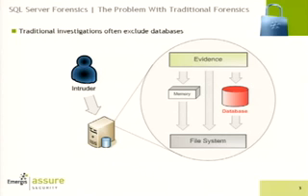So with typical forensic investigations, in a lot of cases you're going to do your dirty word list searches on memory, on the file system, or review the system event logs and the SQL Server error logs. But there's very little focus today on the actual database files, which are highlighted in red. That means the actual data files and the transaction logs within the actual database server. These files contain a ton of evidence, and we're going to look at that in more detail today.